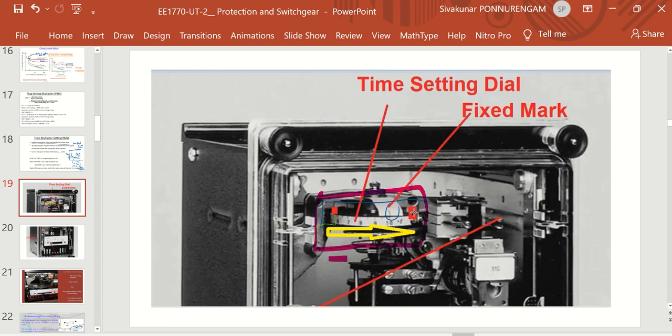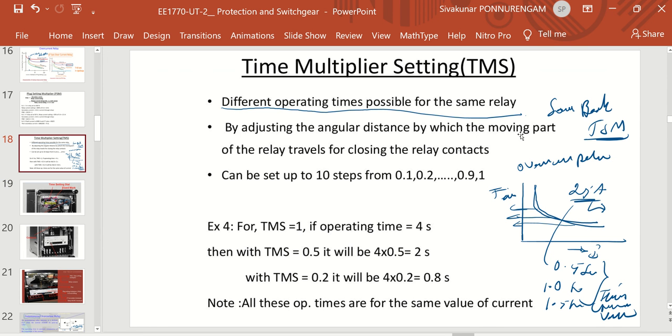If we change the physical position, we are adjusting the spring tension, and this lever also adjusts the NO/NC contact of the relay. This operation is achieved by the TMS, time multiplier setting or time setting multiplier.